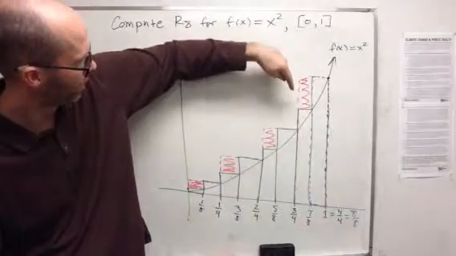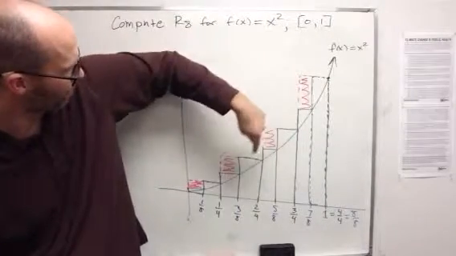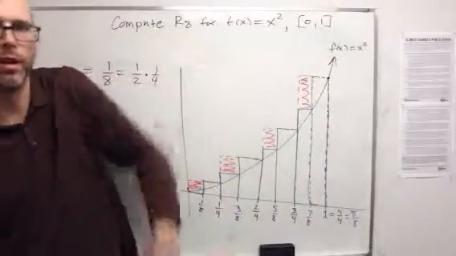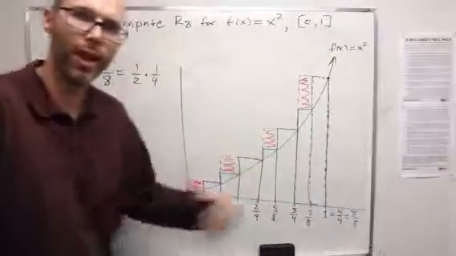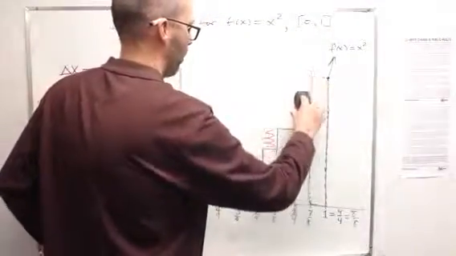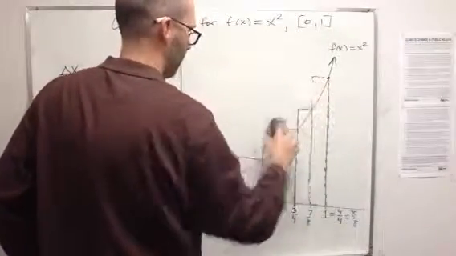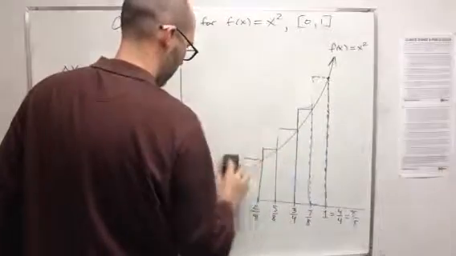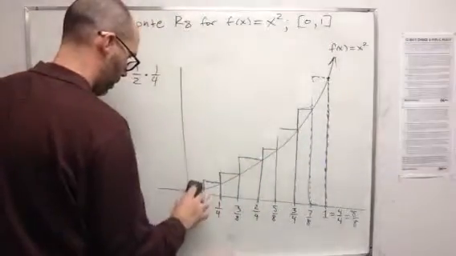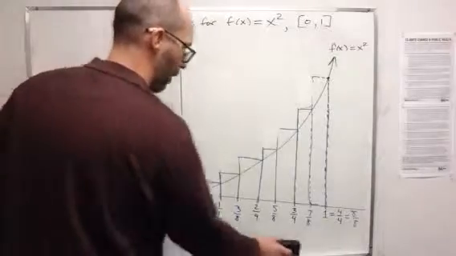This much plus that much more. That much plus that much more. As we increased n from 4 to 8, we got rid of this piece. And we have a better approximation.